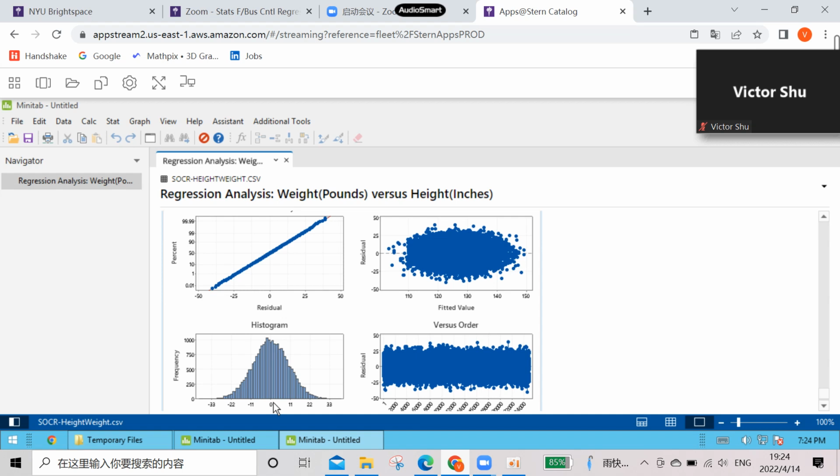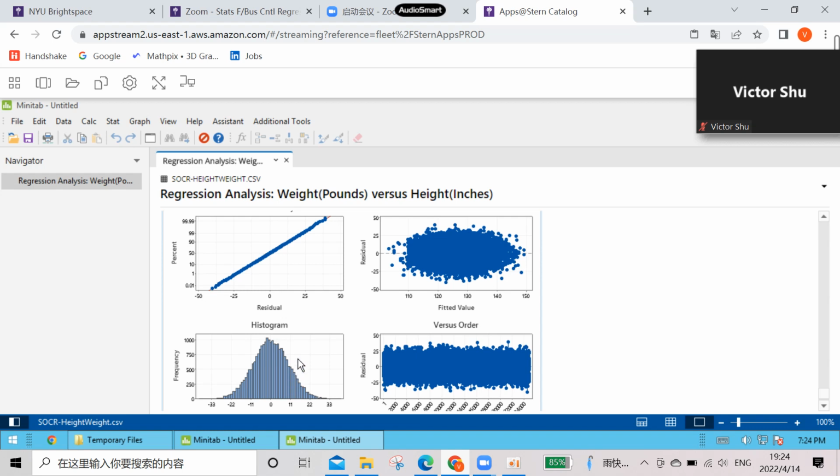I guess that technique is something you already had during the first half of the semester. But intuitively, by looking at the histogram, it's symmetric around 0 and basically very similar to a bell curve, a normal distribution.